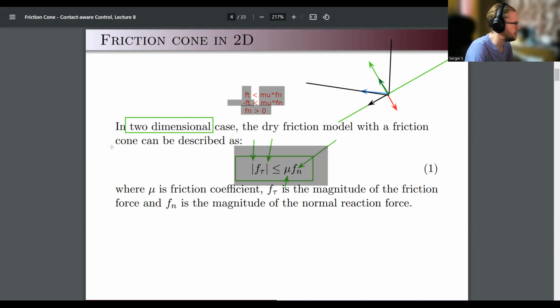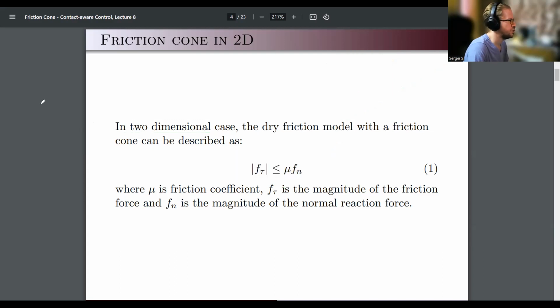So the admissible directions are all here. This is all admissible directions. That's the two-dimensional friction cone. Quite simple, and I think equation 1 is familiar to you from, let's say, high school physics. At least it should be. Equation 1 would probably be something that you recognize as the Coulomb friction model.